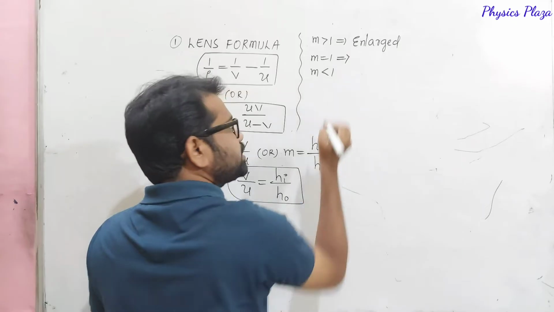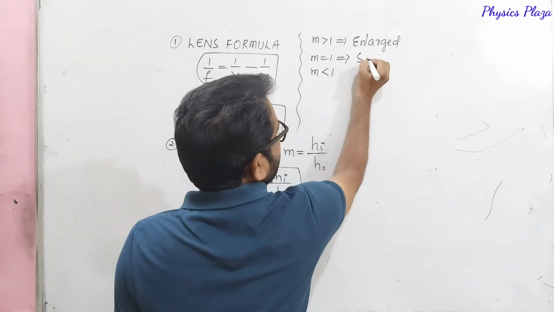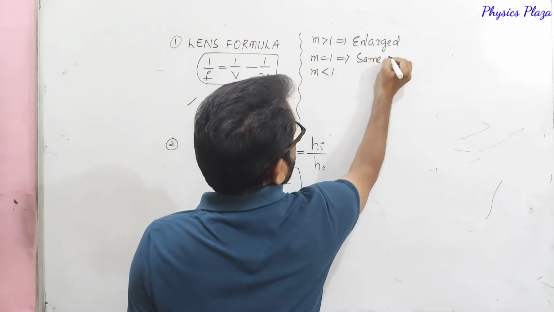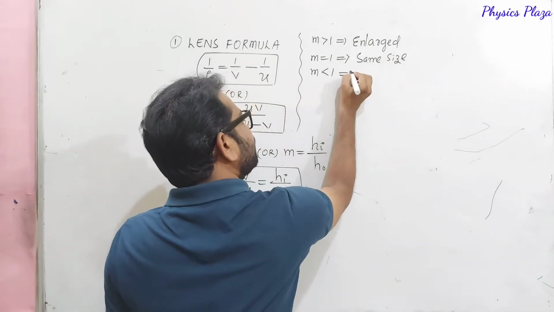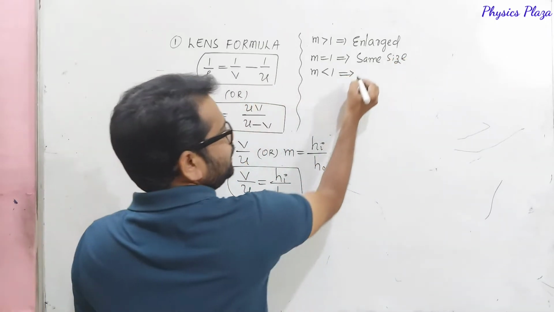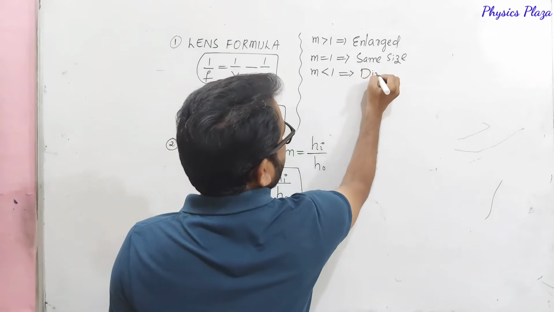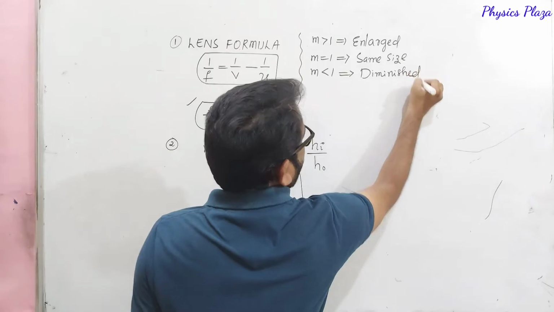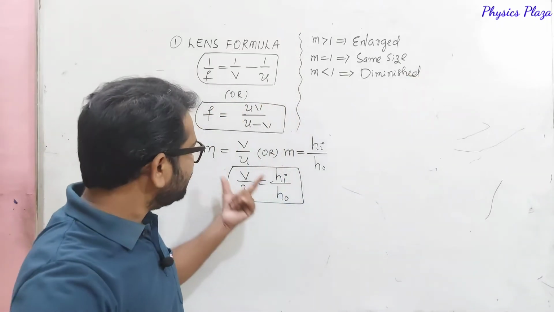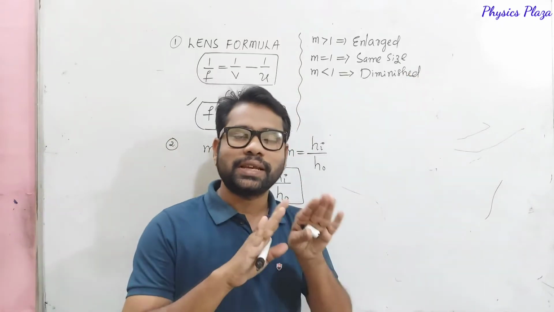M equal to 1 means the same size, the image size is equal to the object size. If it is less than 1, it is diminished, that is, the image is smaller than the object. By knowing the m value, we come to know the size of the image.